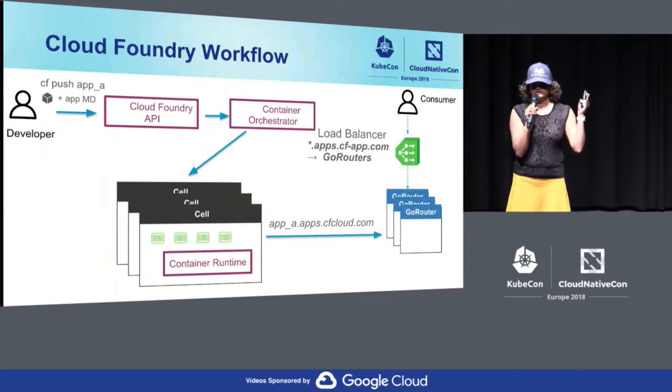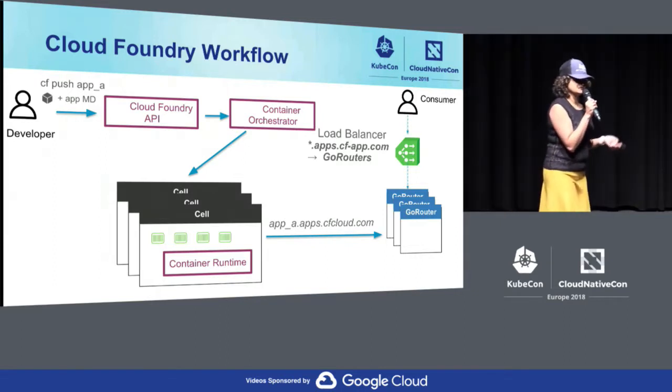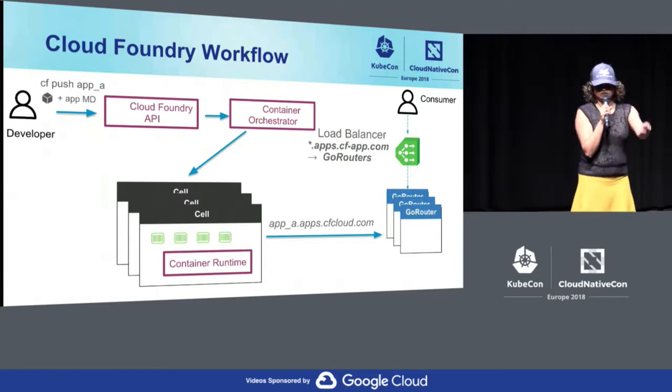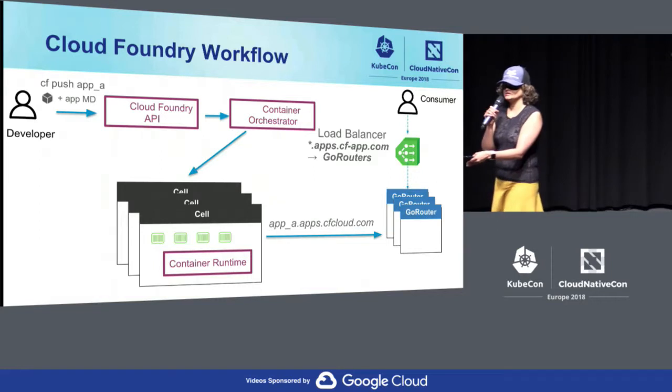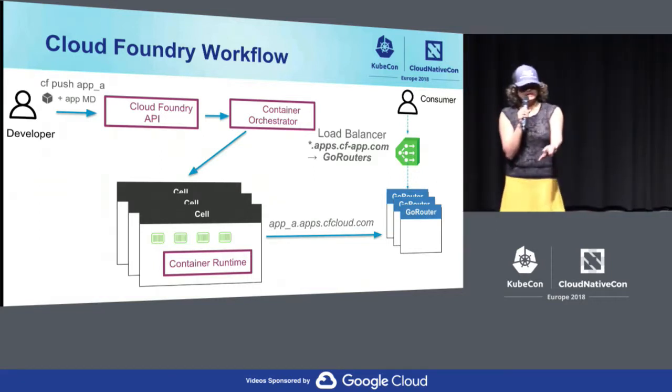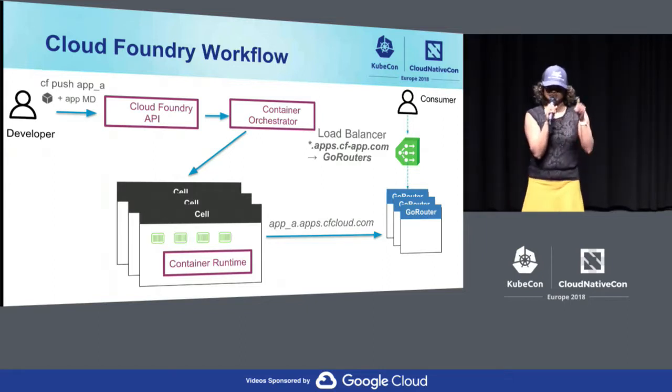It includes usually an app manifest that has properties that describe the application. The next step is this will go to the Cloud Foundry API, at which point it'll go to a container orchestrator, which will then schedule it to one of the hosts that are going to host the containers. We call these hosts cells.